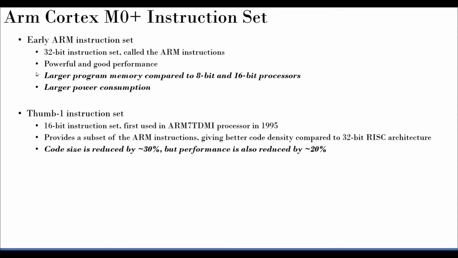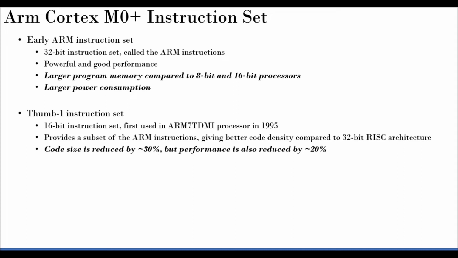When we say program memory, it's all about the size of the memory, right? It's a trade-off, because you need more instructions in the case of 8-bit or 16-bit, but you always need to put the 32-bit instructions into the bus or the memory, so it occupies a bigger footprint both in terms of hardware circuitry as well as the bus architecture.